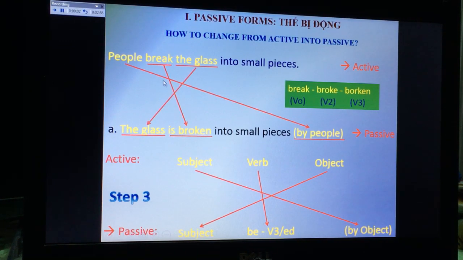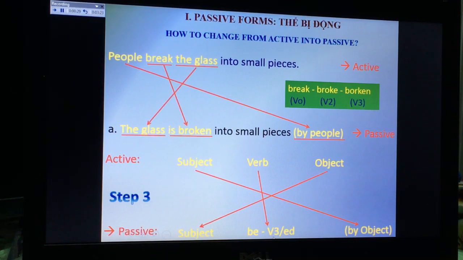And next, you look at the verb break in the active sentence. Break here is an irregular verb. We have break, broke, and broken. And you look at the passive sentence. Is broken. That means we bring the verb of the active sentence and we change it to be and V3.